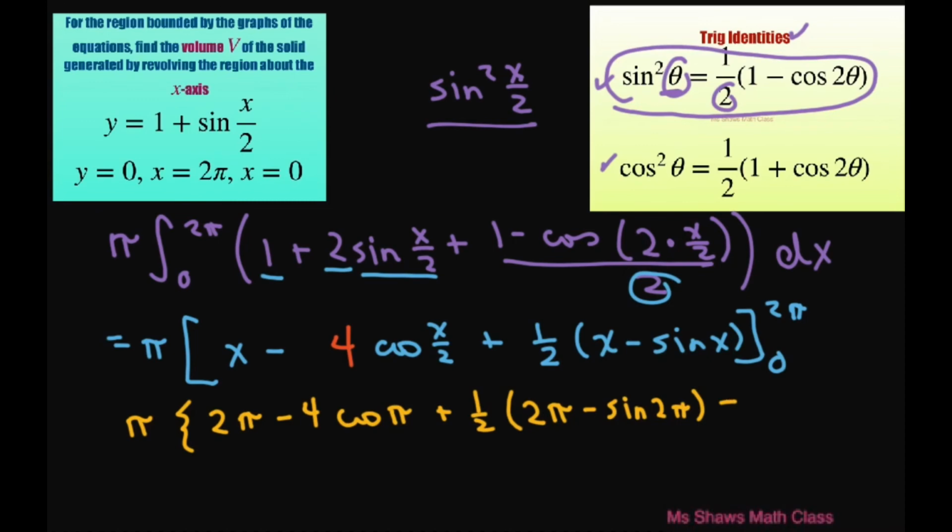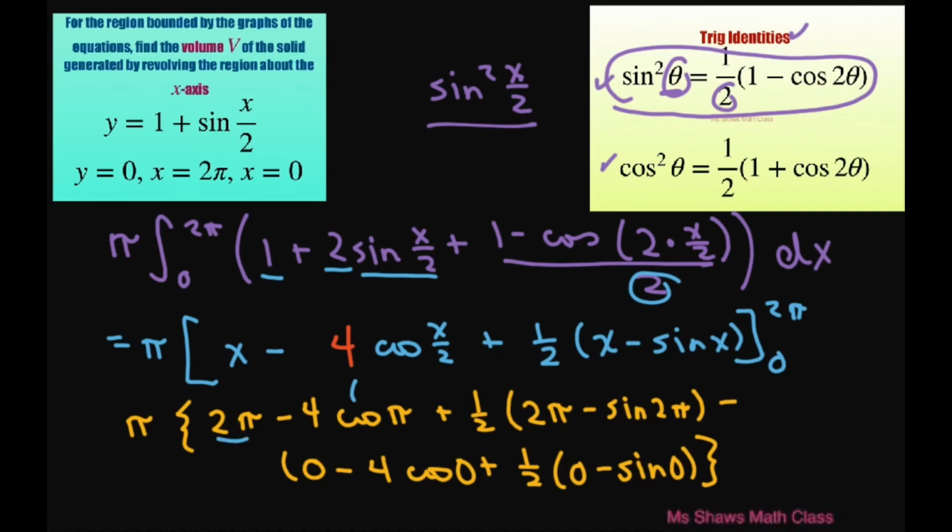And then we have minus 0 minus 4 cosine of 0 plus 1/2 times 0 minus sine of 0. Now before we move on, let's see what we have. We have 2 pi here. This is going to be negative 1. This is going to end up being 0. This is going to be 1. And all of this is going to go away because that's 0.